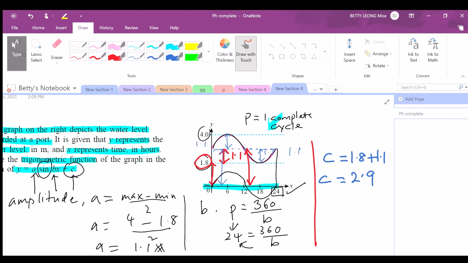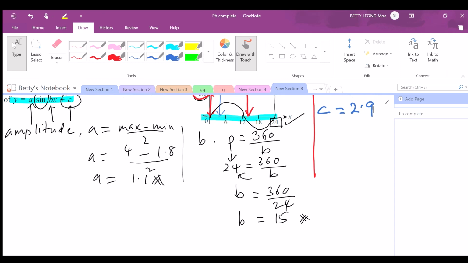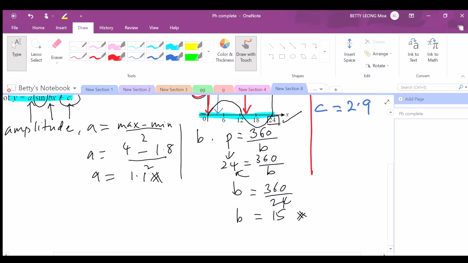Okay, now when you have all of this, your A, your B, and your C, you just finish it with the equation.